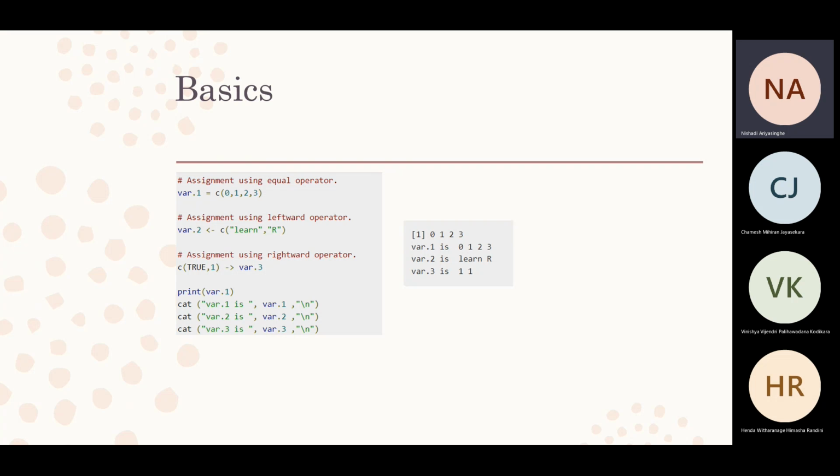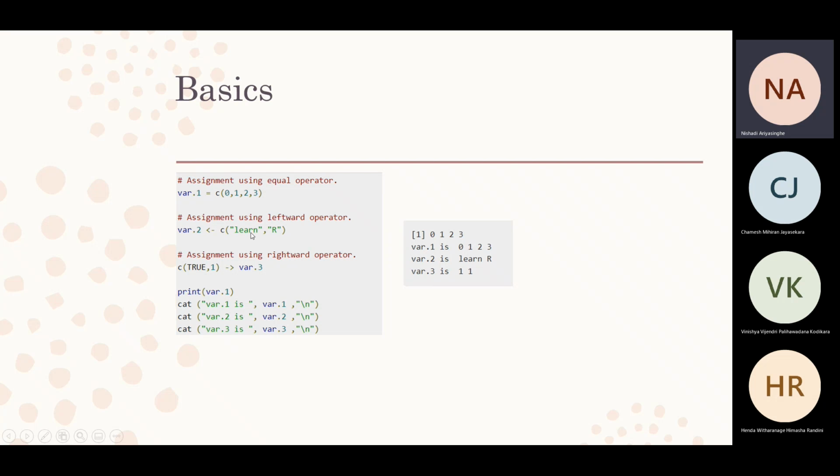So if we print the values of the variables, if we print variable 1, it will simply be a character array like this, 0, 1, 2, 3. If we print variable 2, it will be printed like this.